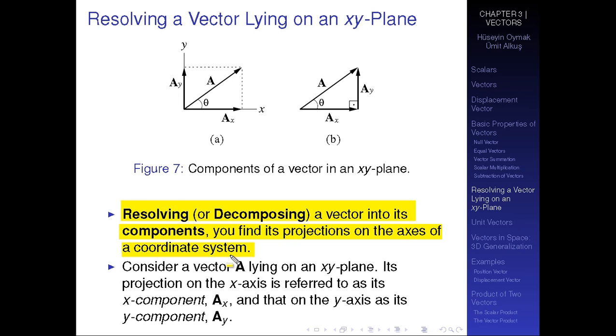Consider a vector A lying on an xy plane, as in this figure. Its projection on the x-axis is referred to as its x component, that is AX, and that on the y-axis as its y component.